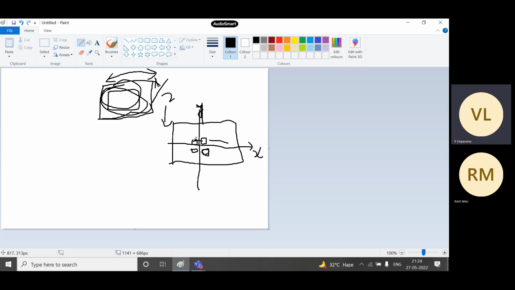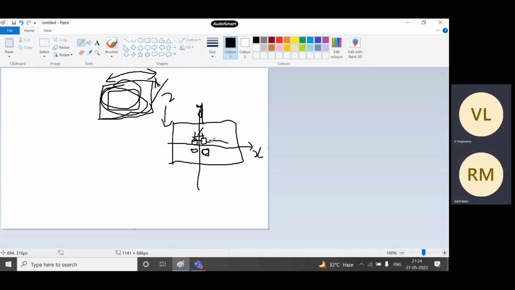See this element spacing. For example, if you are taking 10 gigahertz, lambda by 2 is 15 mm. So 15 mm will be there.